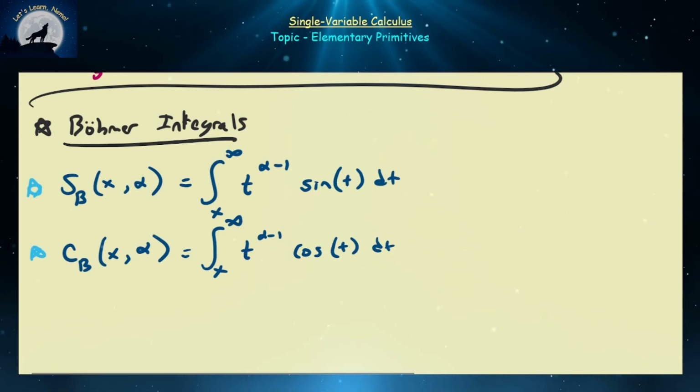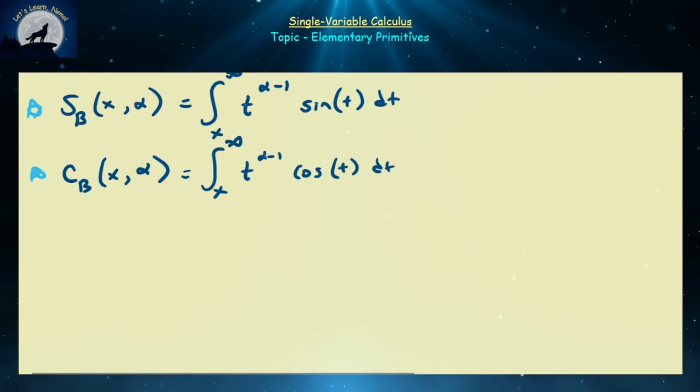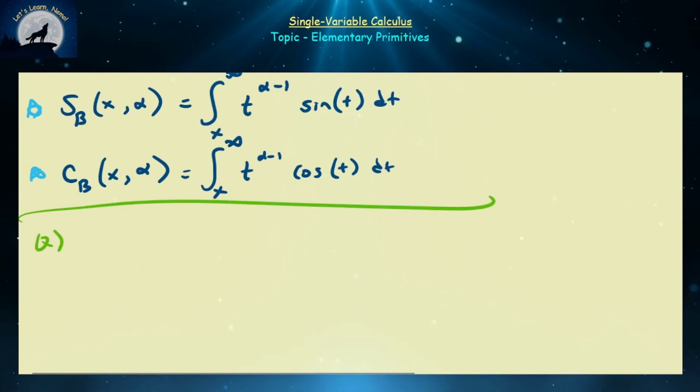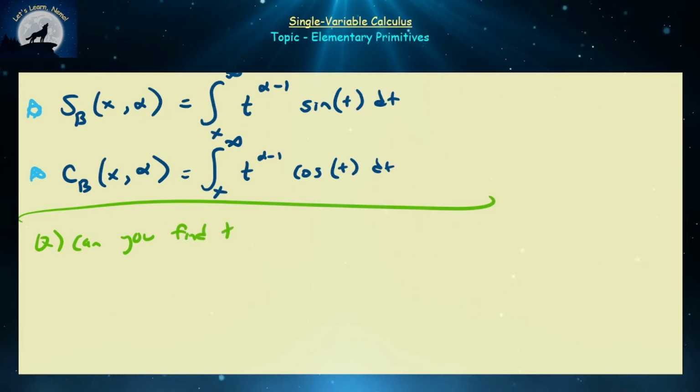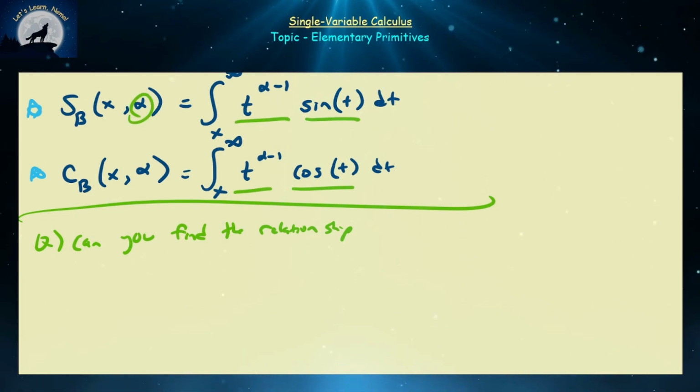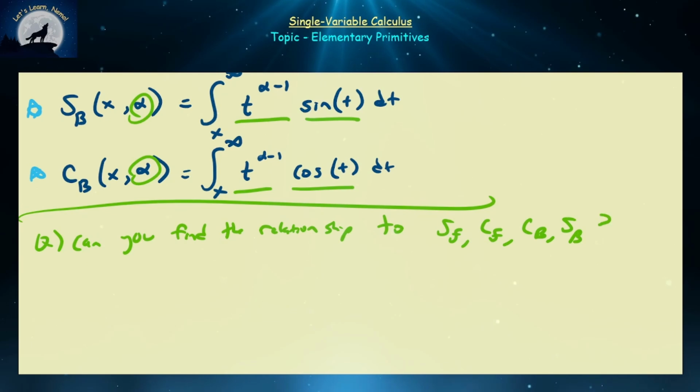Very, very nice. Now, I leave it as an exercise for you to explore. Can you find the relationship? Because notice we have a cosine t, a sine t, and a t to some power, for which we can control alpha, to SF, CF, CB, and SB.